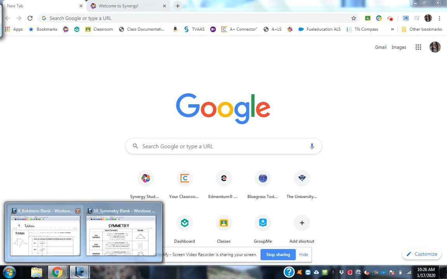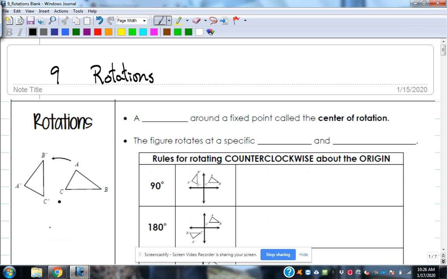All right, so rotations is the next transformation that we're going to talk about. Rotating an object certain numbers of degrees around the origin is what we're about to do. A rotation is a turn around a fixed point called the center of rotation.